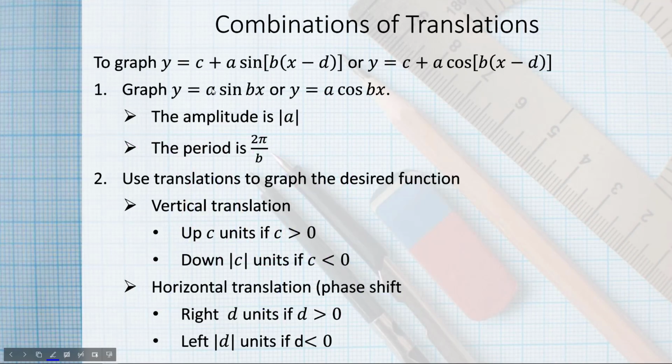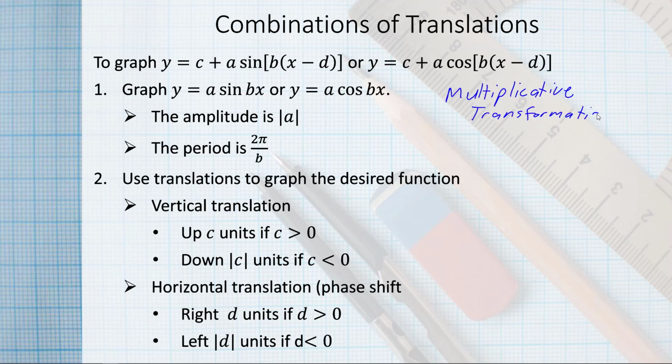Okay, and this brings us to the last thing that we want to talk about, and that is, what if you have combinations of translations? Well, the key here is, if you actually had to graph this thing by hand, you want to account for the multiplicative transformations, and then the additive transformations, which are really the translations.